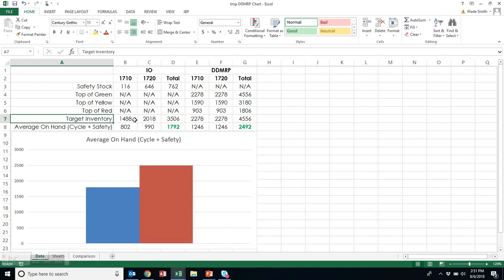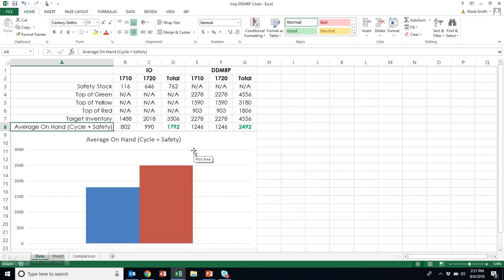Target inventory represents the safety stock, cycle stock, and pipeline stock, as it does for top of green in DDMRP. So already you're saying there's 1,000 units of savings or whatever, but let's not get too far ahead of ourselves yet.